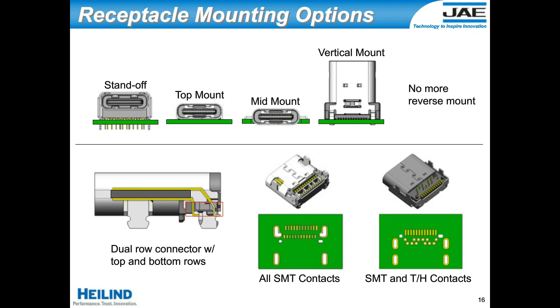The alternative to that is what we call hybrid style contacts, where the outer or top row of contacts would still be surface mount, but the inner or bottom row of contacts is actually through-hole pins. So one advantage that potentially has is that with the through-hole pins, you can see them from the bottom side of the board, and so it's possible to do some reworking in most cases.